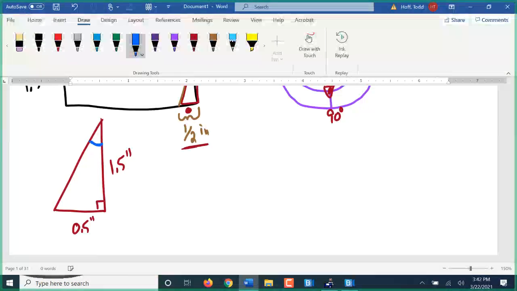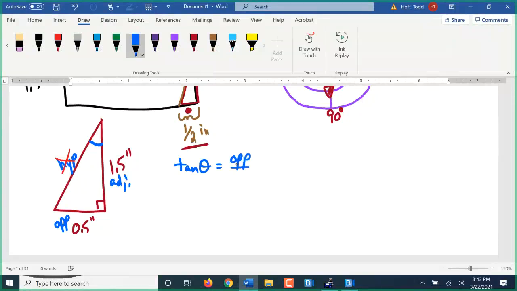Let's find this angle up here. Well, this is the hypotenuse, so I don't have the hypotenuse. I'm not going to use that at all. The 1.5 is which side? Adjacent side. 0.5 is the opposite. So I'm going to be using tangent here of some sort.